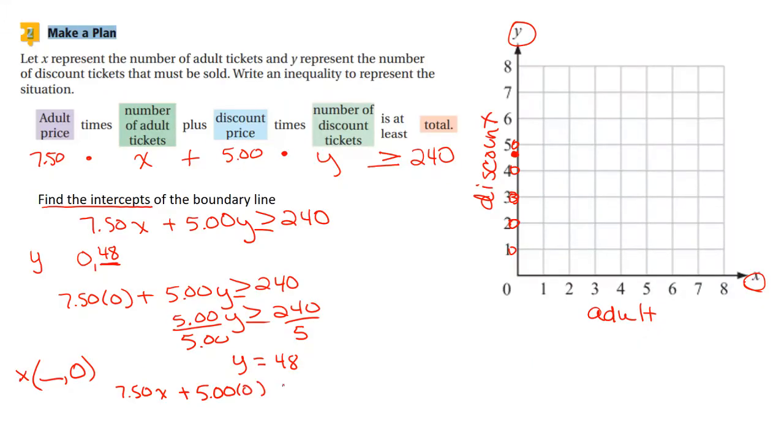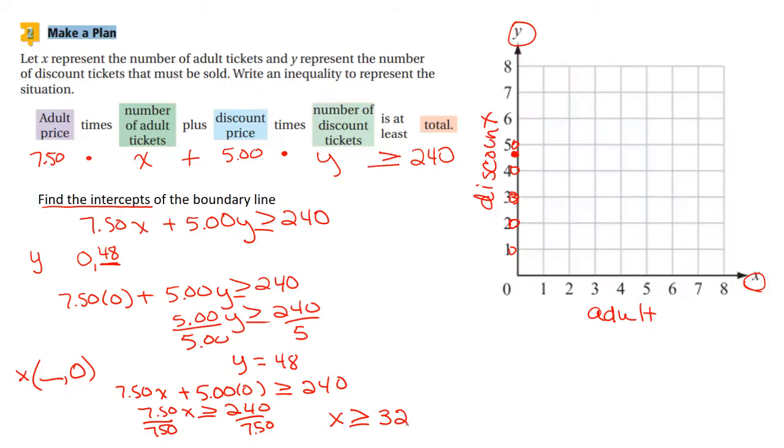And that has got to be greater than or equal to 240. So we have 7.50x is greater than or equal to 240. Divide both sides by 7.50. And that gives us x has to be greater than or equal to 32 when you put that in your calculator.